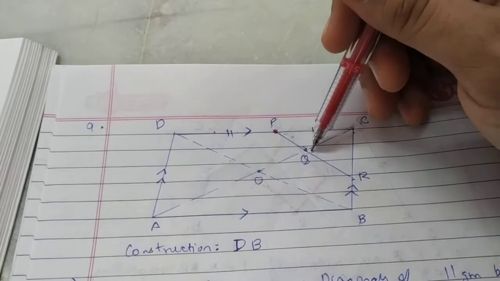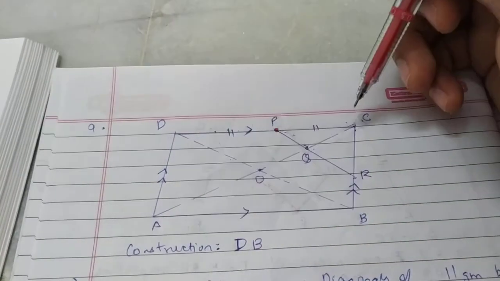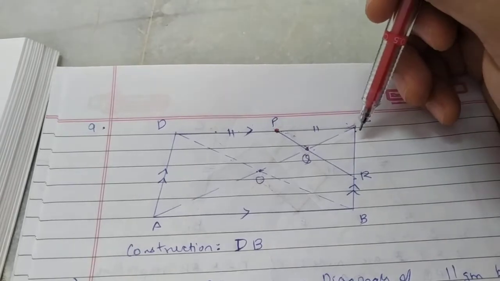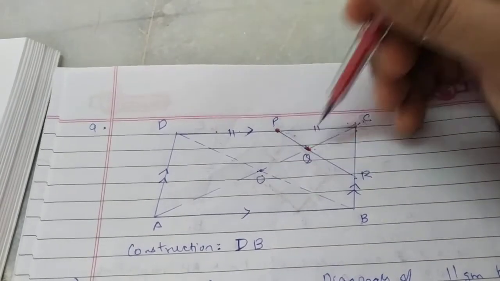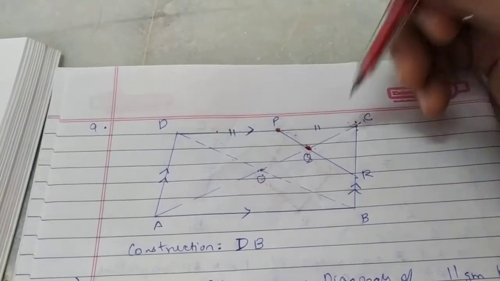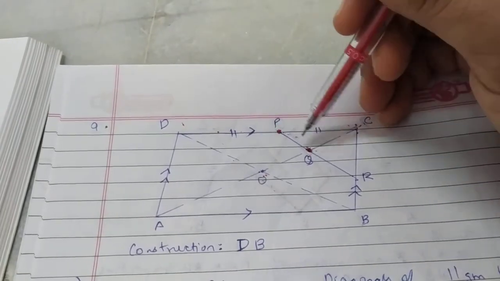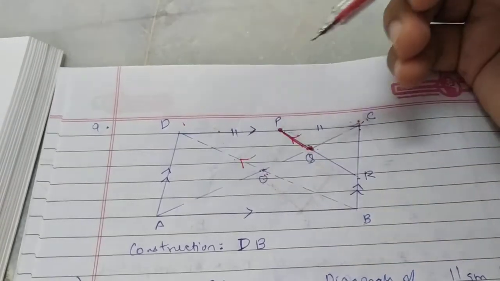Now if CQ is 1/4 of CA and CO is half of CA, that means CQ is half of CO. That means Q is the midpoint of CO. So in triangle CDO, P is the midpoint, Q is the midpoint. So by the midpoint theorem, PQ is parallel to DO.